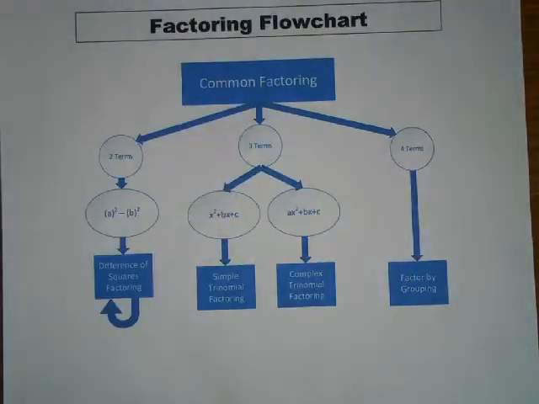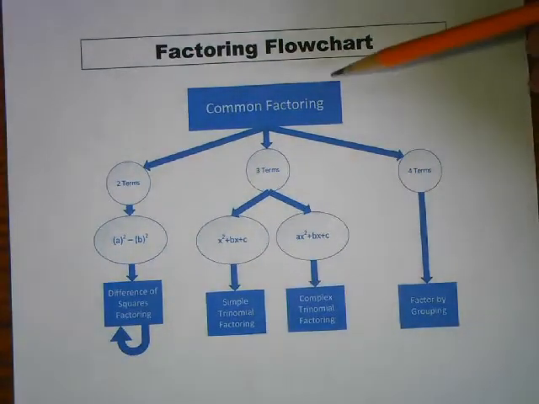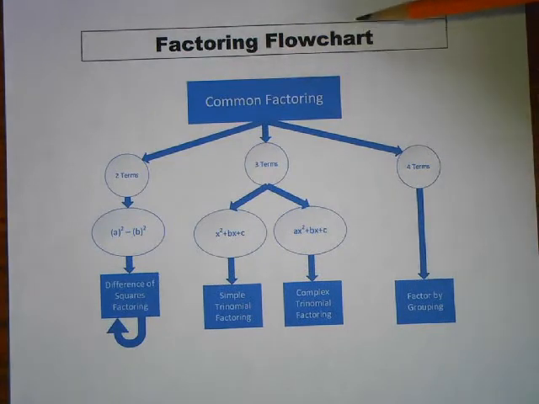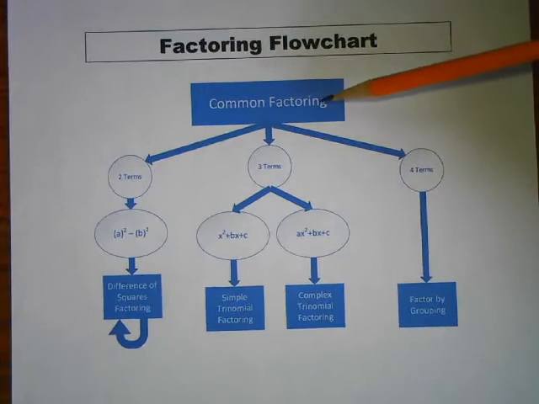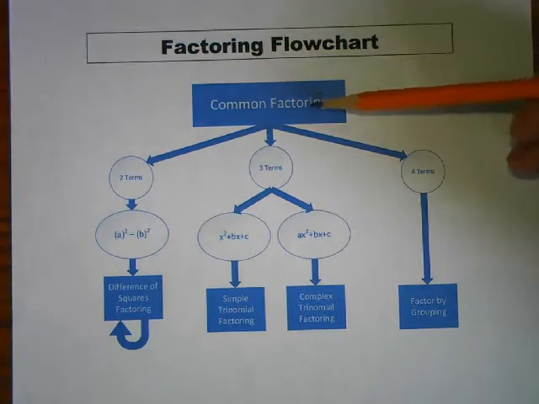And let's go on to the flowchart. The dark blue boxes are the techniques. You can see at the top, common factoring is something you should always try and see if it works. It may not work, but at least you've eliminated it as a potential method.